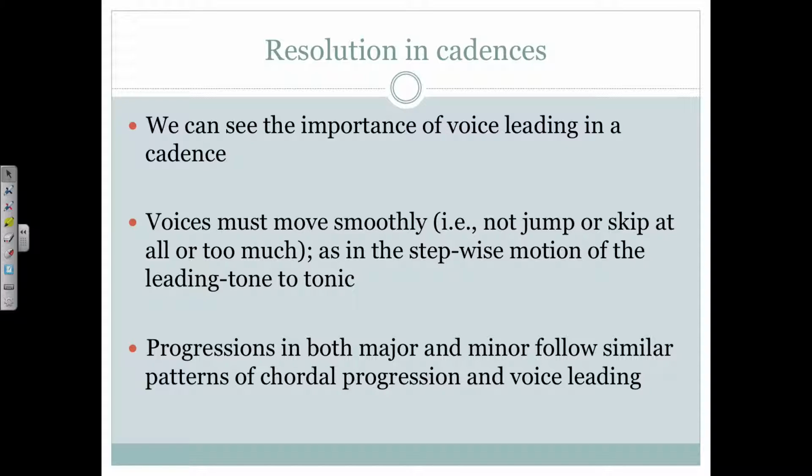Even though there are some jumps in the individual voice melodic lines, you can still hear a lot of stepwise motion. And this is very important at certain points of the cadence. So no jumps or skips when you're talking about the leading tone going up to 1. The stepwise motion of the leading tone to tonic, the 7-1, is probably at the heart of this.